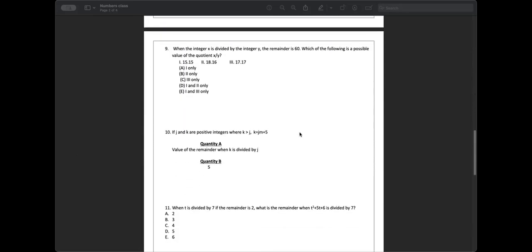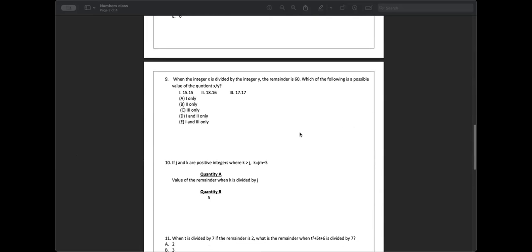Let's see some other concepts, and then we'll go to questions. Before getting to LCM and HCF, let's see one more thing, which is factors or divisors.